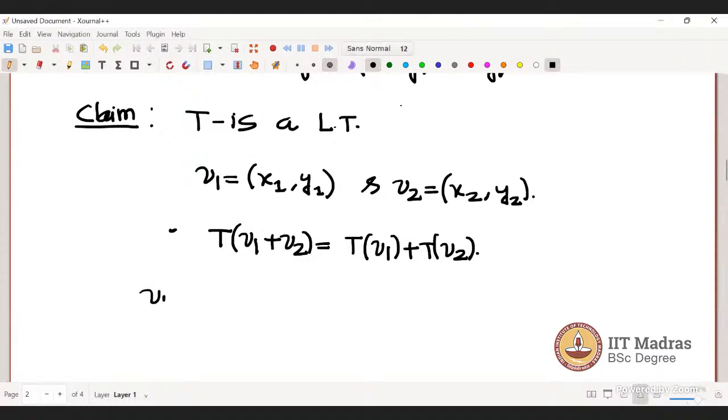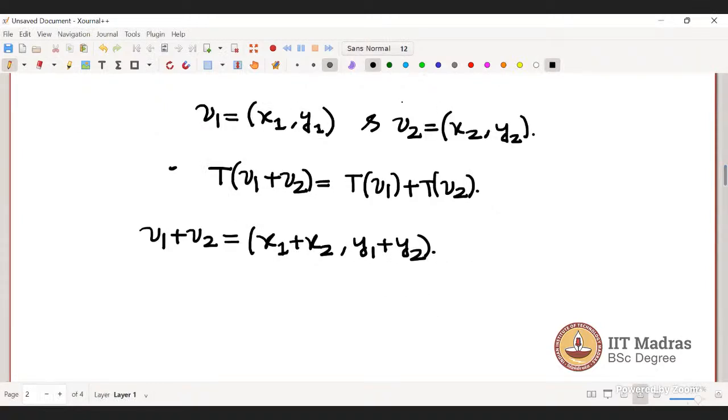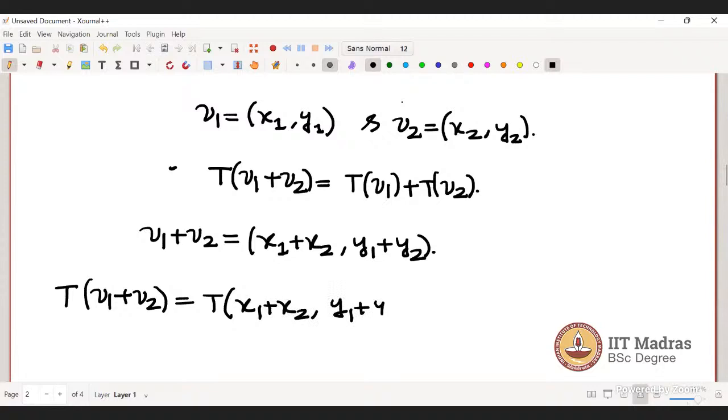So what is V1 plus V2? This is nothing but (x1 plus x2, y1 plus y2). So the first thing I have to evaluate is T of V1 plus V2. This is nothing but T of (x1 plus x2, y1 plus y2).